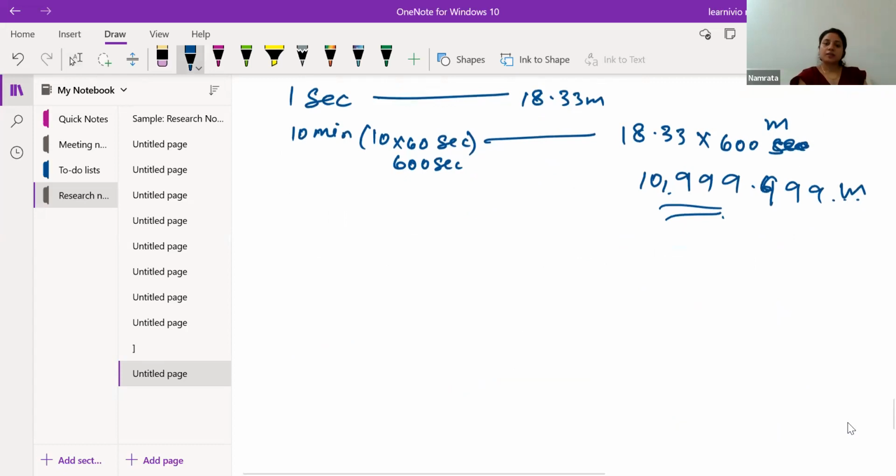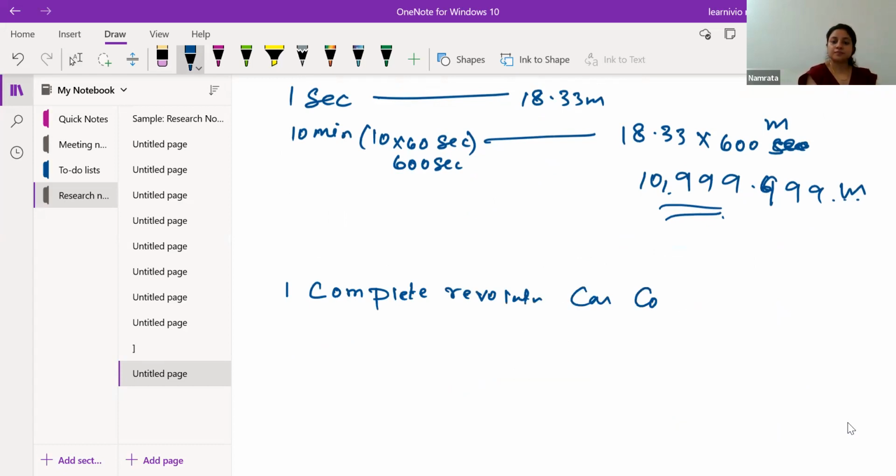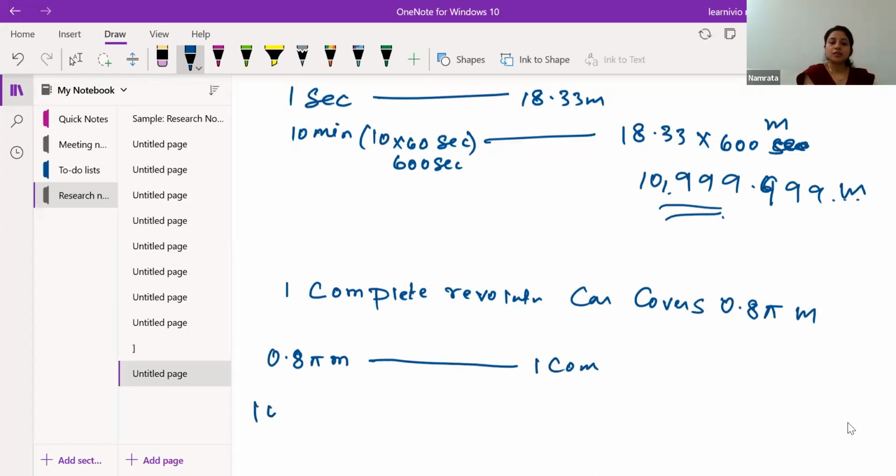So let me write it: 0.8 pi meter in one complete revolution, and 10,999.99 meter in how many revolutions? From here we will get it.